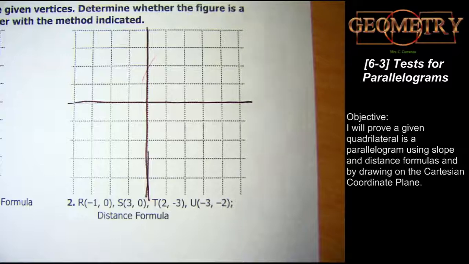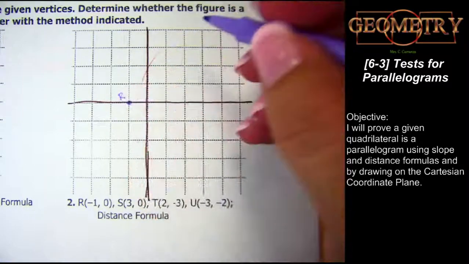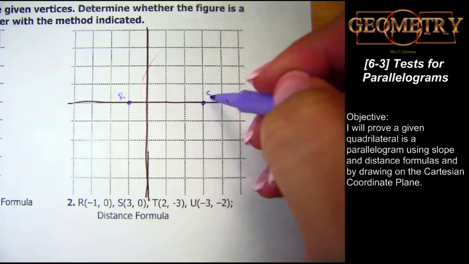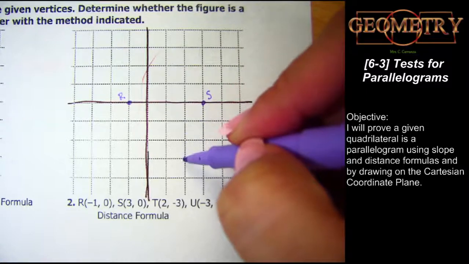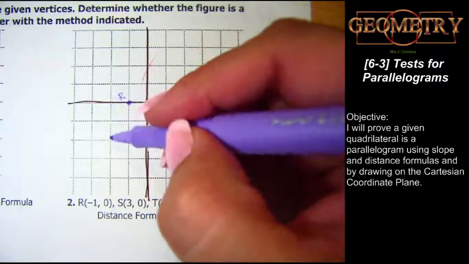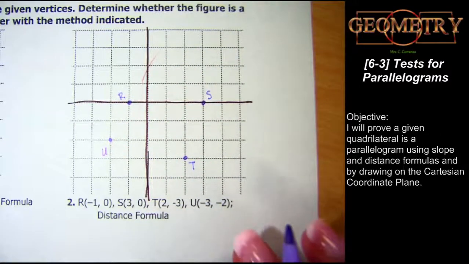Okay. -1, 0, there's R. 3, 0, 2, 3, there's S. 2, -3, there's T. And U, -3, -2, there's U. Straight edge.